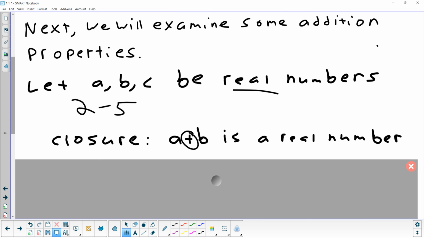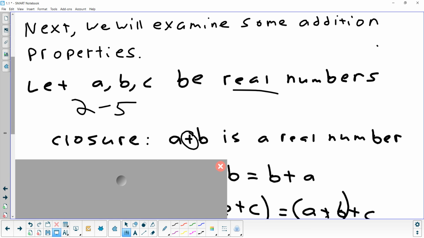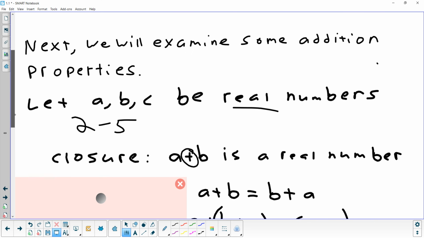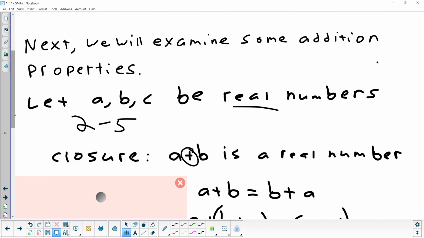All right, how about, let me show you a property name and see if you can tell me what it is. It says A plus B is the same as B plus A. It has to do with changing order, like 5 plus 2, 2 plus 5. Does anybody remember what property that is?